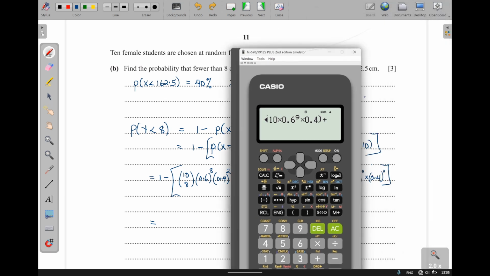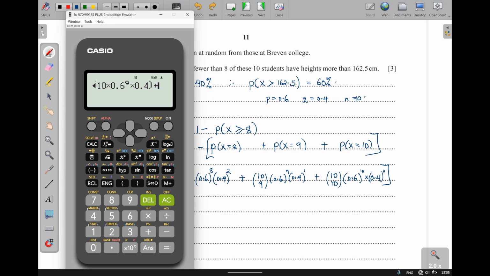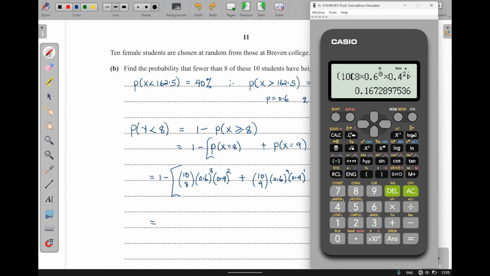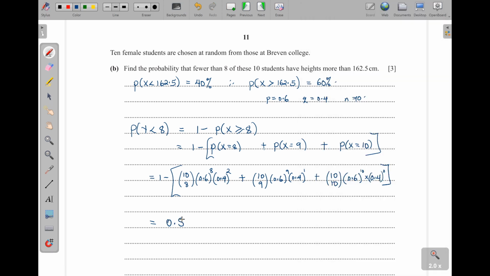And then I go to the next one, which is 10 combination 10, which is 1, then 0.6 power 10, because the other one is also 1. So altogether, I'm having 0.16 and the rest of those figures, okay? But then I'm supposed to subtract this one from 1, okay? So I would just say 1 minus the answer. So it will give me 0.833 to 3 significant figures.